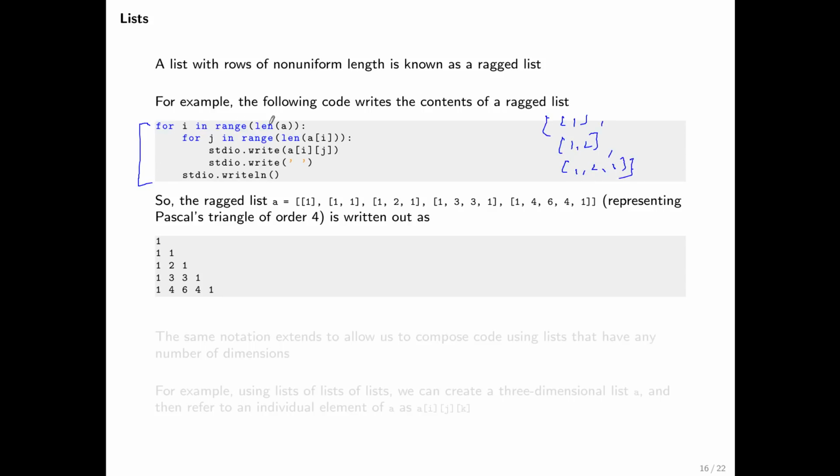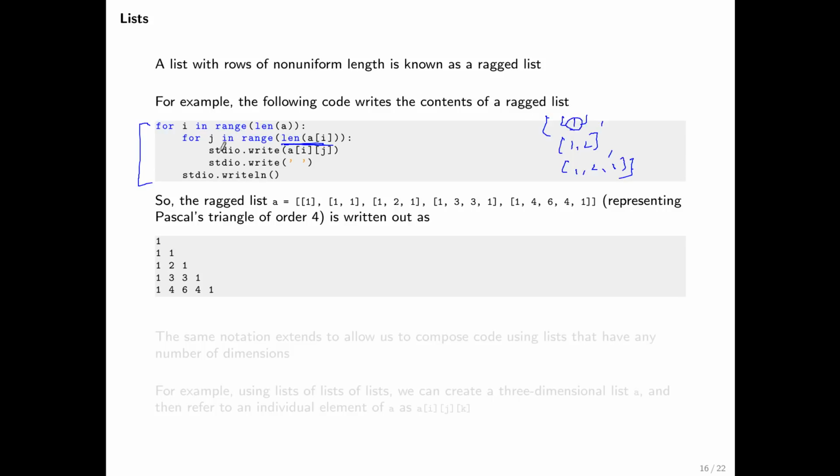So i goes from 0 all the way up to length of a minus 1. So i simply traces the rows. And then j goes from 0 all the way up to length of a at i. So notice that we don't say length of a of 0, but we say length of a of i, meaning we are asking for the length of the ith row, which is clearly different for different values of i. So when i is 0, length of a of 0 is simply 1, so j is simply going to take on the value 0, and we look at this particular element.